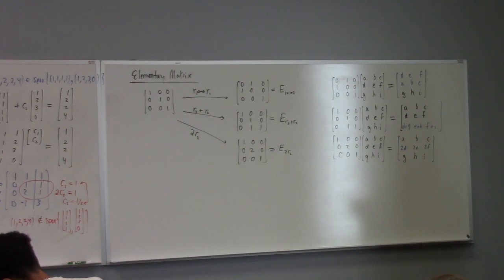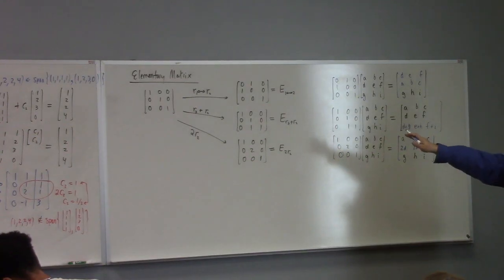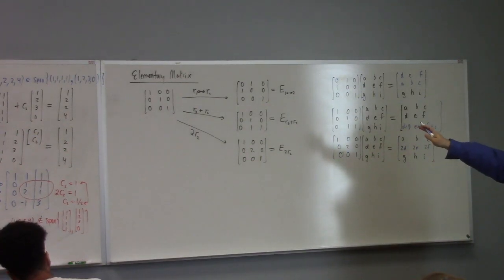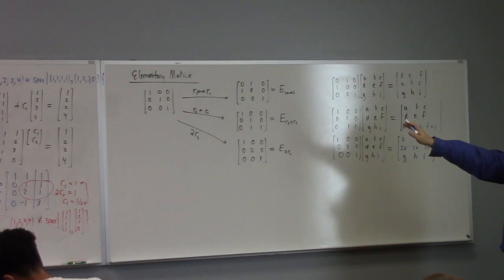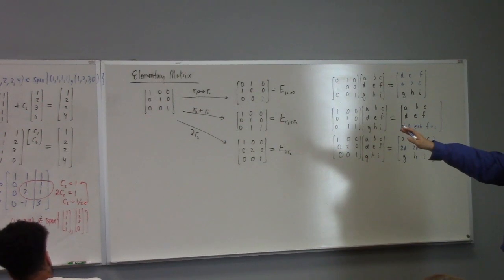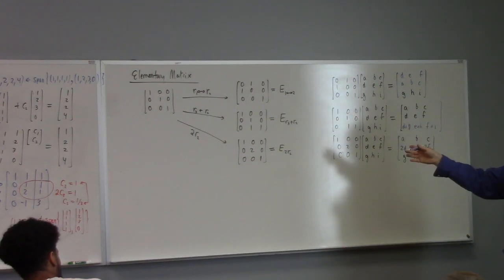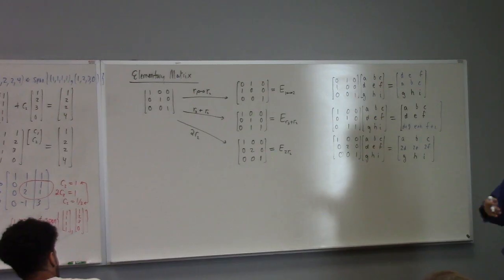And this illustrates a theorem. If we do an elementary row operation to the identity matrix, and we call that matrix E, then E times A does the same row operation to A that we did to the elementary matrix.